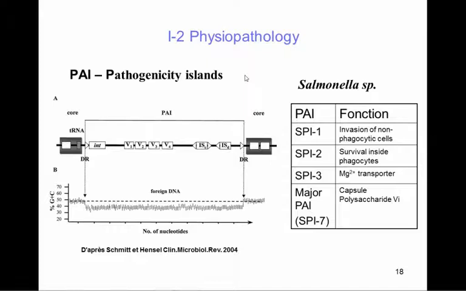The direct repeats are the borders of this insertion, and often you find an integrase present in the pathogenicity island. So this is what is inserting all of this DNA sequence. And inside you'll have V1, V2, V3, V4. These are the different genes in an operon that encode for some kind of virulence function.